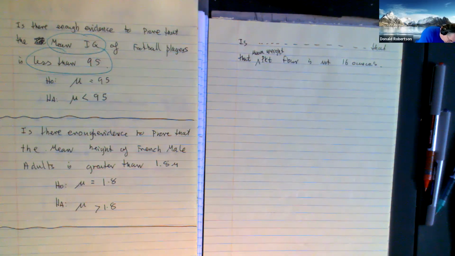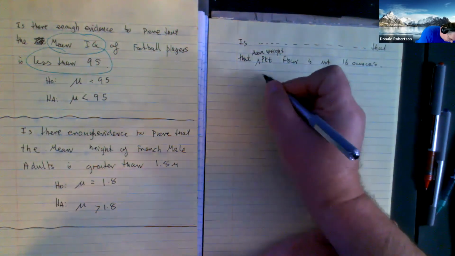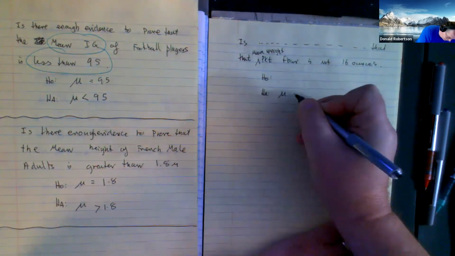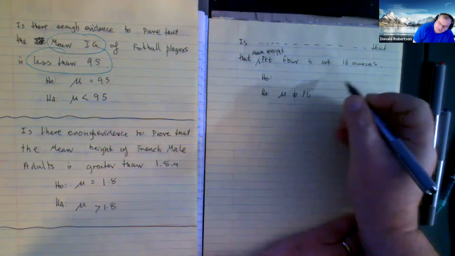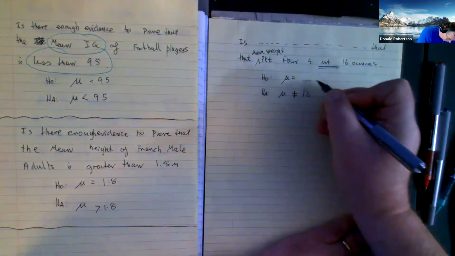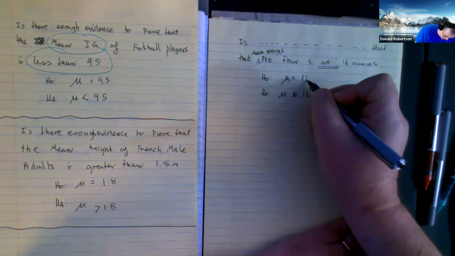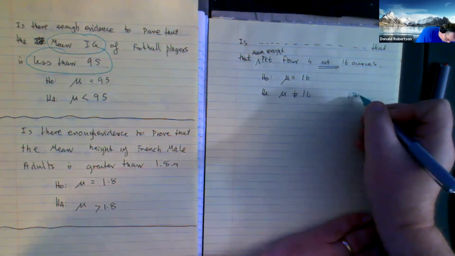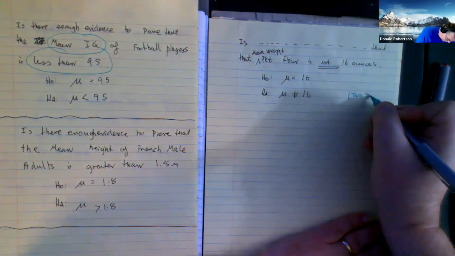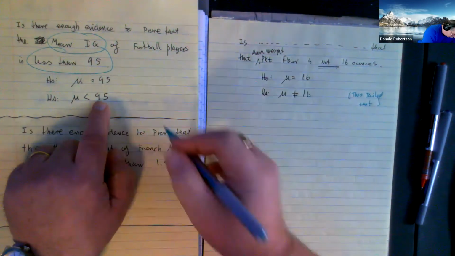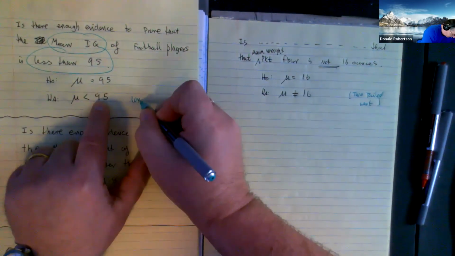So in this case, the alternate hypothesis would be mu isn't 16, right? It's not 16 ounces. And the null would be mu equals 16. And this guy is called a two-tailed test. This guy, according to the textbook, is a one-tailed test.